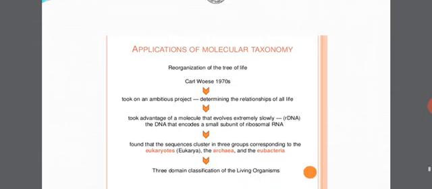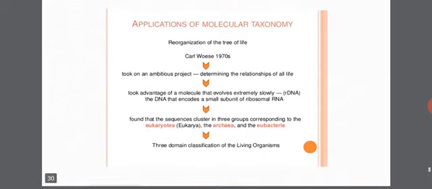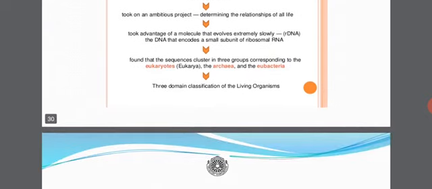And it is found that sequences cluster in 3 groups corresponding to the eukaryotes, Archaea and Eubacteria. The 3 domain classification of the living organisms has finally evolved by using this molecular taxonomy.